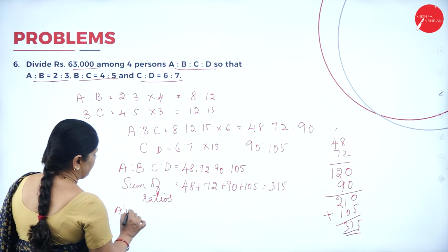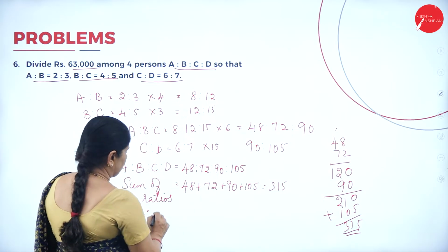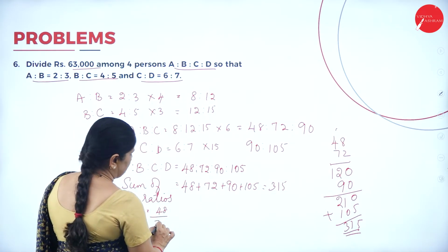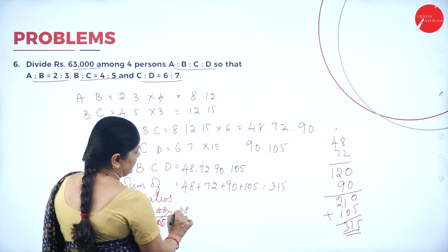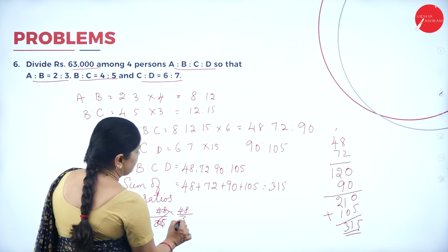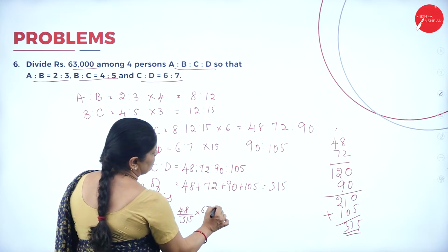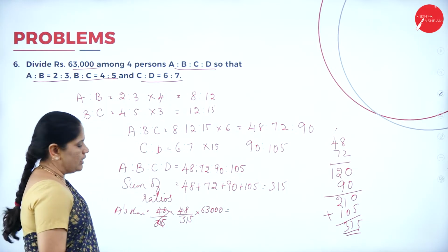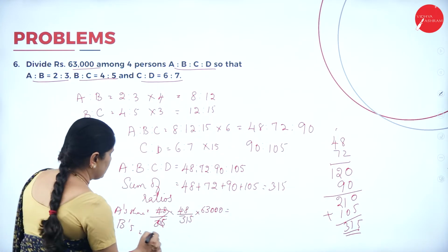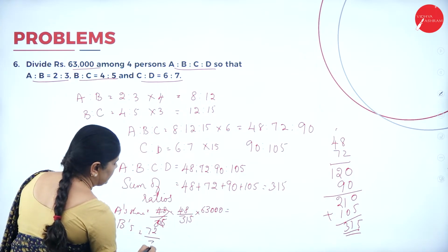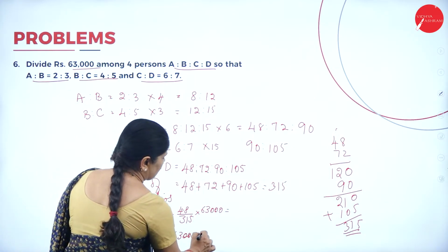Now A's share will be equal to, so what is the new ratio? 48 by 315 into 63,000. Then next, B's share will be, again what is B's ratio? 72 by 315 into 63,000.